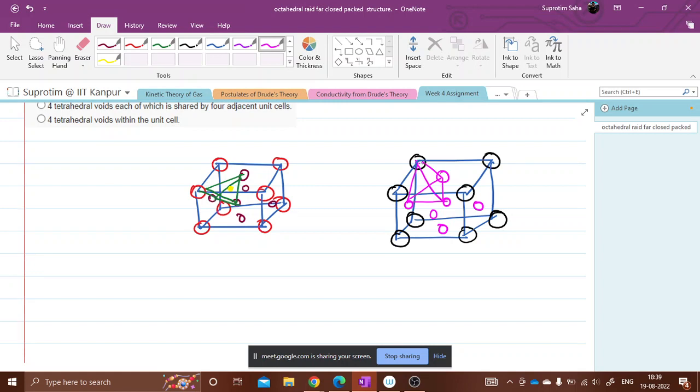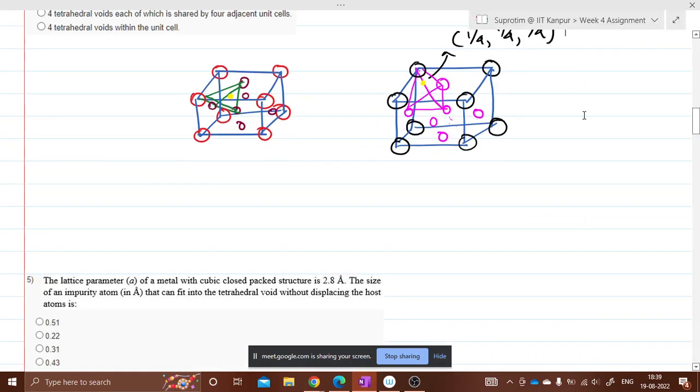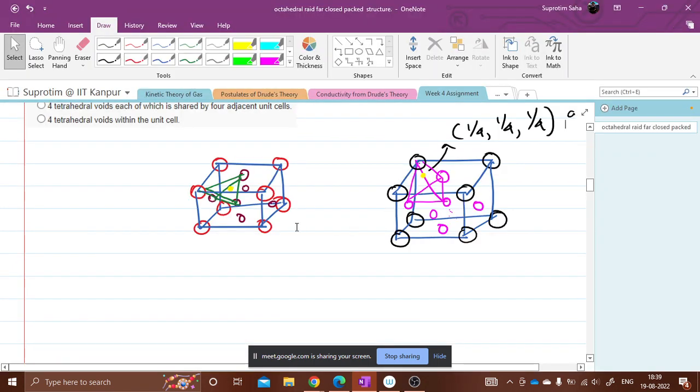So along this body diagonal, this will be this. So the tetrahedral void will sit at this, which is, as you know, 1 by 4, 1 by 4, and 1 by 4 of A, right? So 1 by 4 and 1 by 4 and 1 by 4 of A.